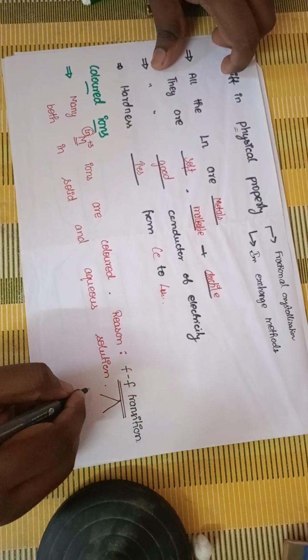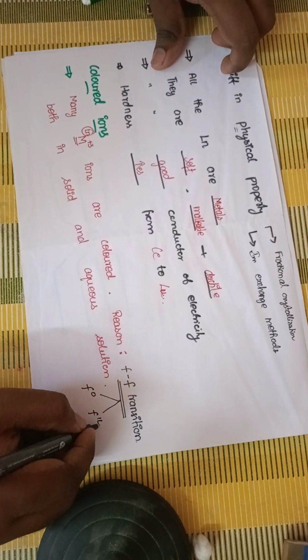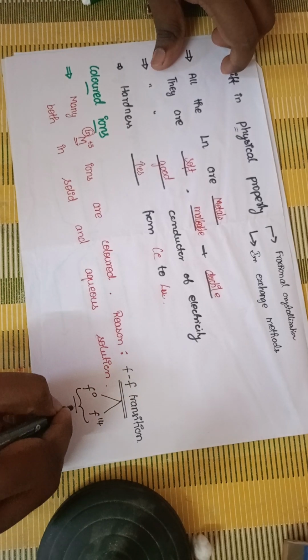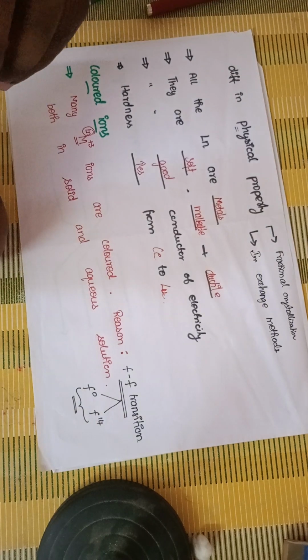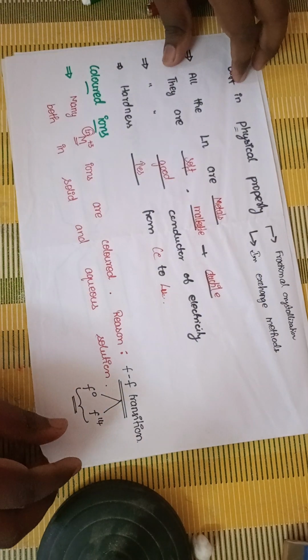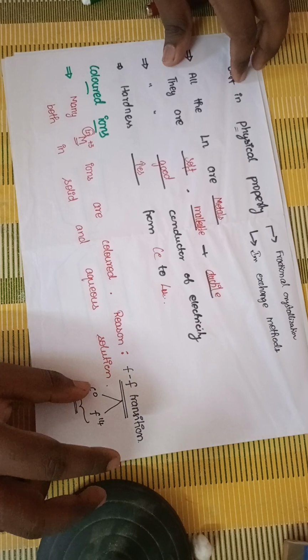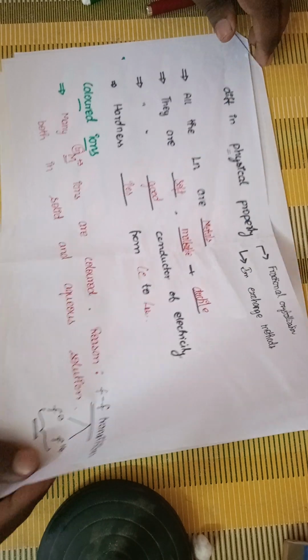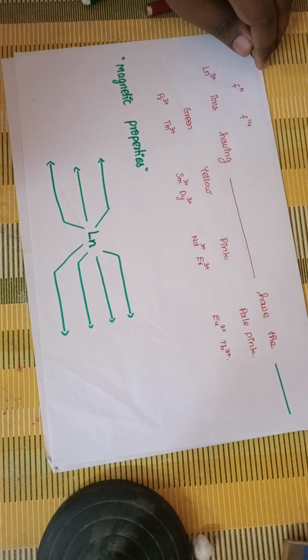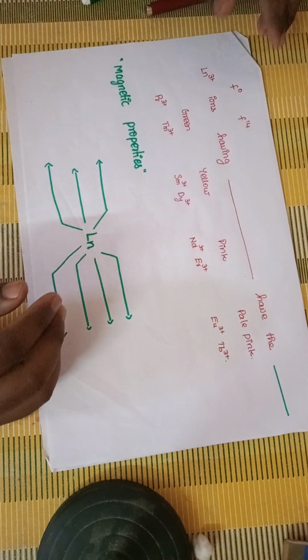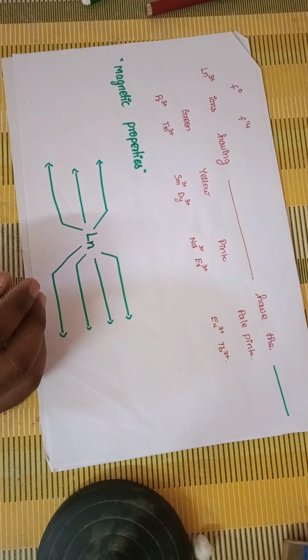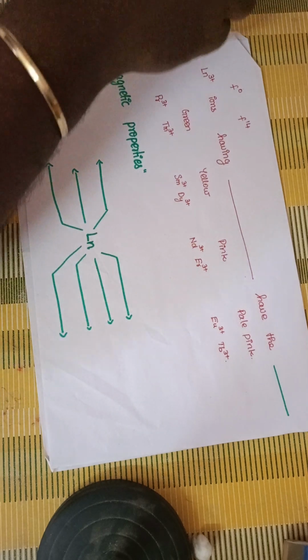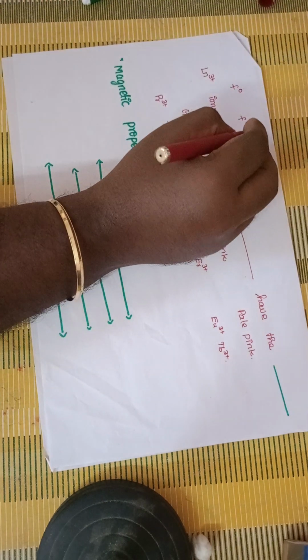In f0 and f14 there will be no f-f transition, so in that particular series there will be no color. Like we have d0 and d10, here f0 and f14. So f0, f14 complexes are colorless.